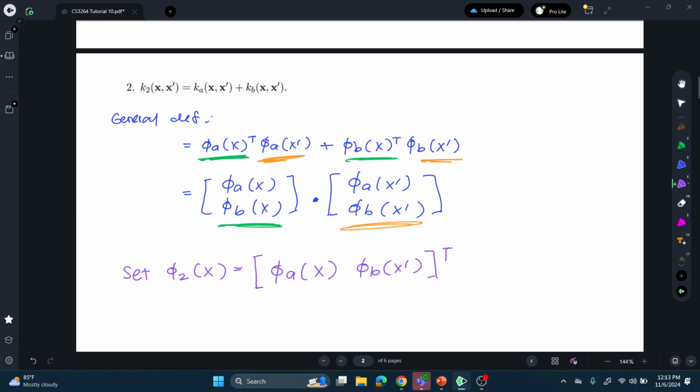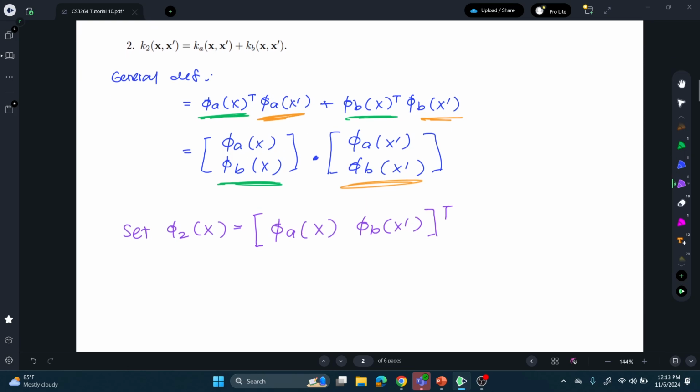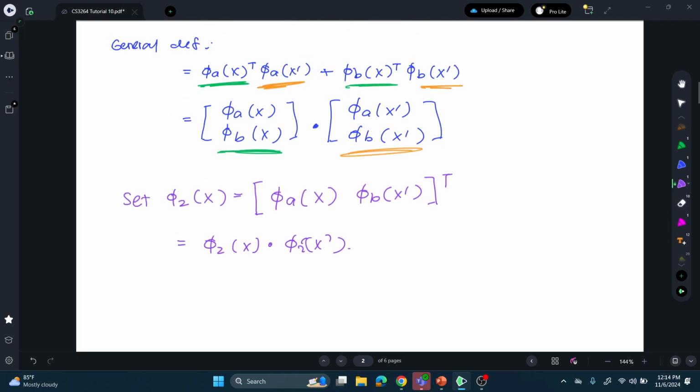So I basically stack phi a and phi b together. The moment that happens, I can just dot product them together. So I put in the definition here that this is just phi 2 of x dot product with phi 2 of x prime. And now we have shown that this is a kernel. Any questions?